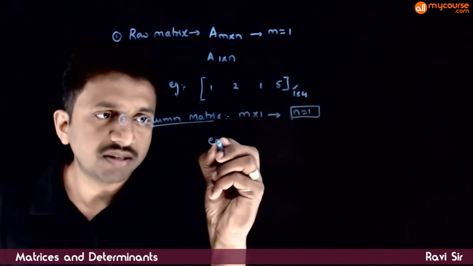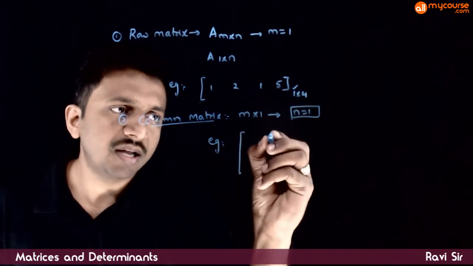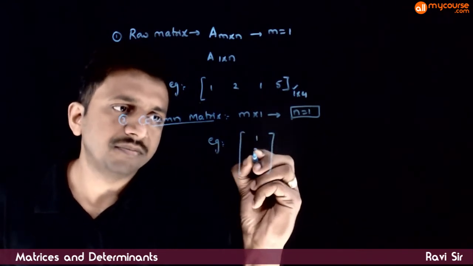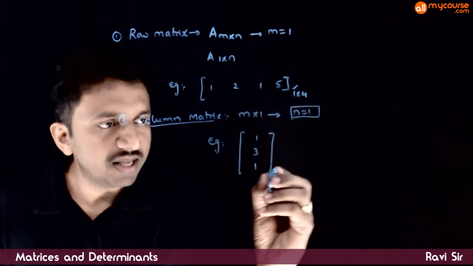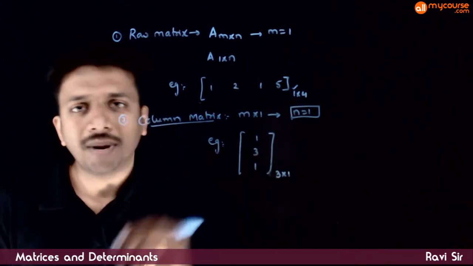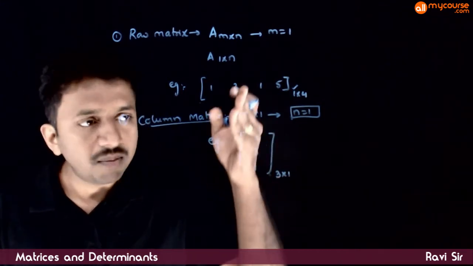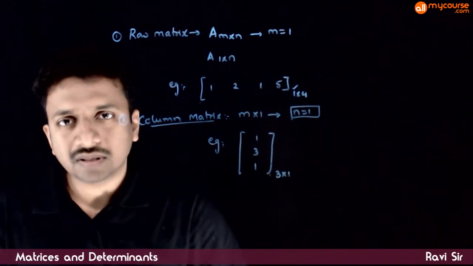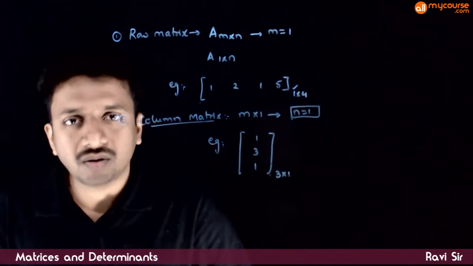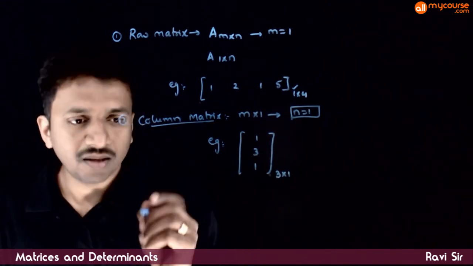And how does the matrix look? It now looks like a column. This is a 3 by 1 matrix. It has 3 rows but only 1 column. Such matrices are called column matrices.